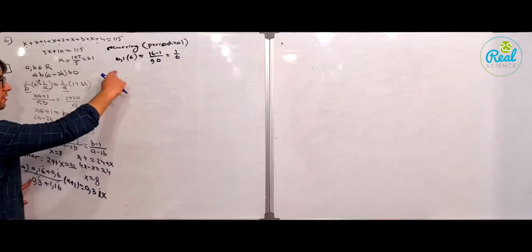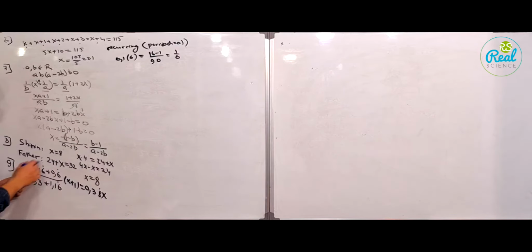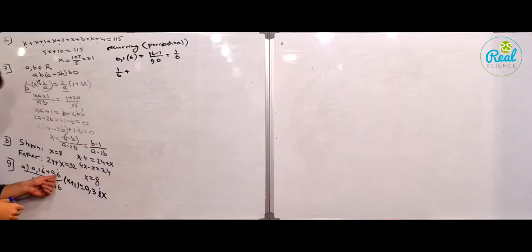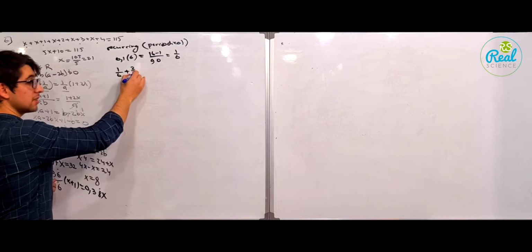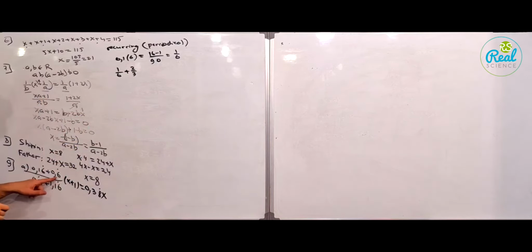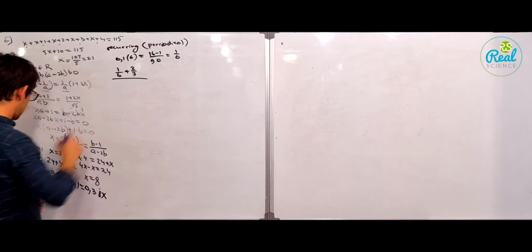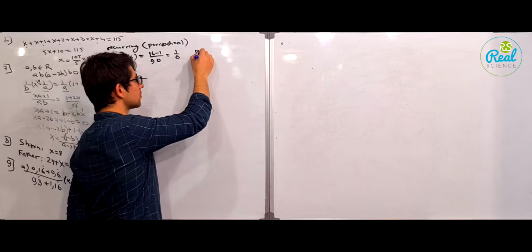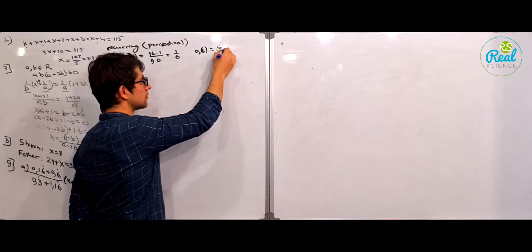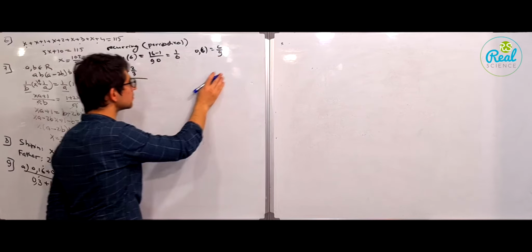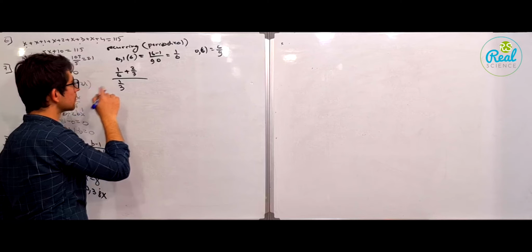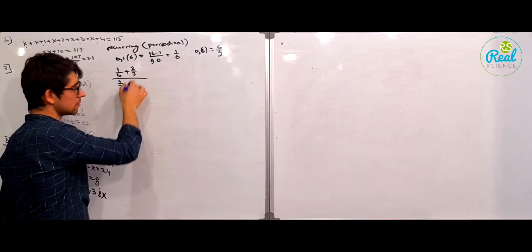So let's continue here, okay? We have calculated it. It is 1 over 6 plus 0.6 recurring. It means 6 over 9, and you cancel it, so it is 2 over 3, right?